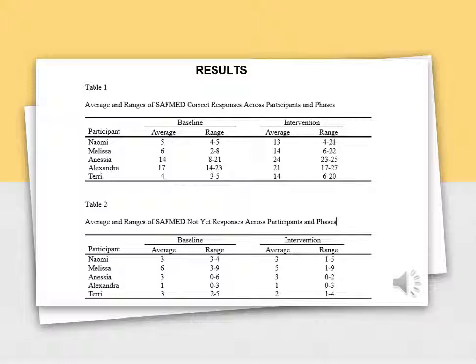As far as intervention, the averages for correct responses range from 13 to 21 and 1 to 5 for not yet responses, whereas the range for correct responses were as low as 4 and as high as 27, and 0 to 9 for not yet responses.